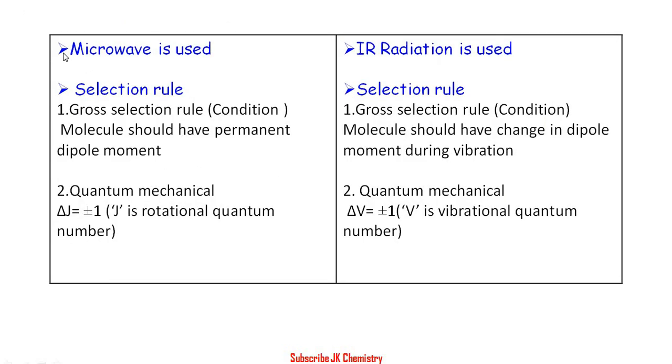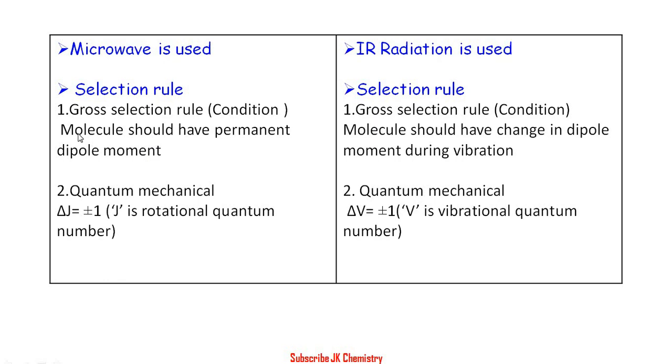Next, we know that in microwave spectroscopy, microwave electromagnetic radiation is used. In IR spectroscopy, IR radiation is used. Now, the selection rule tells which kind of molecule can show microwave spectroscopy or IR spectroscopy. In the case of microwave spectroscopy, the gross selection rule, that is the condition, is that the molecule should have a permanent dipole moment.